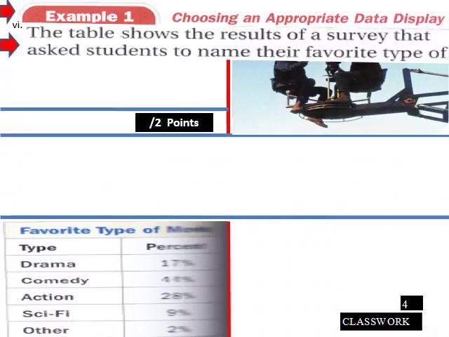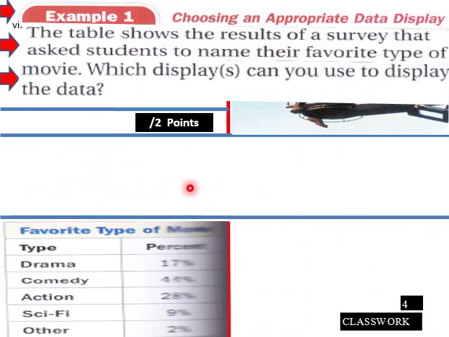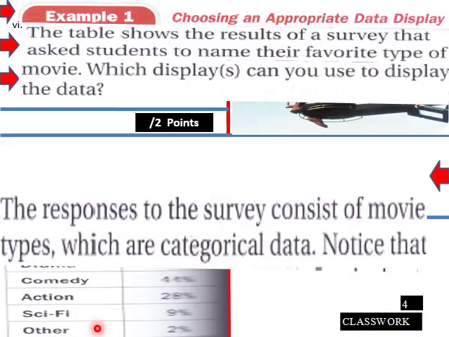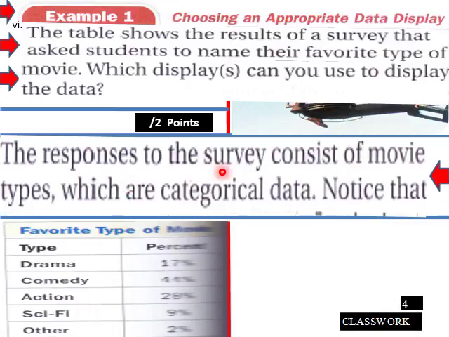And our first example here. The table shows the results of a survey asking students to name their favorite type of movie. Which displays can you use to display the data? We have drama, comedy, action, sci-fi, other: 17%, 44%, 28%, 9%, 2%. So how should we display that?